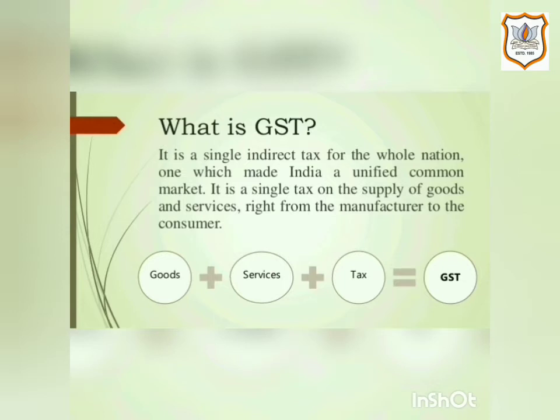The sellers usually add the tax expenses into their costs, and the price the customers pay is inclusive of GST.